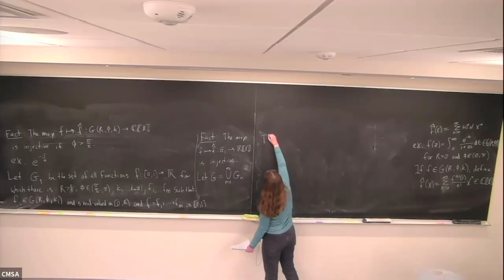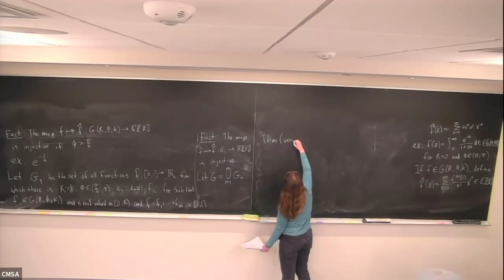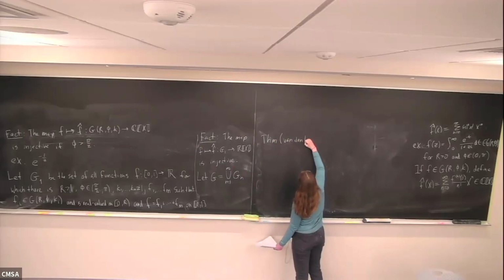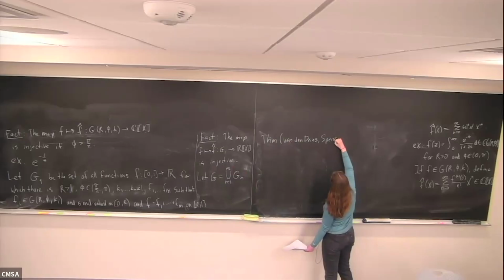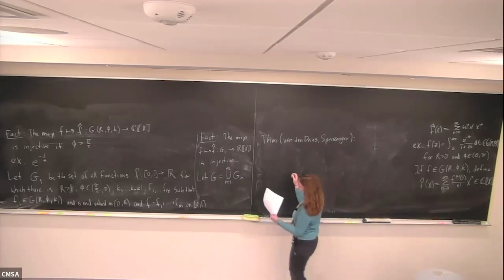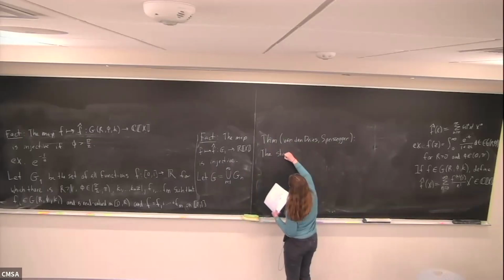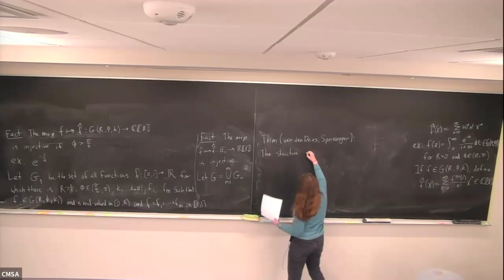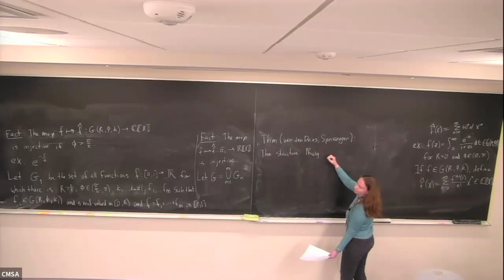And then the result from Dries and Speissegger from about 2000 is that the structure R-alg... Sorry, what is G_n?